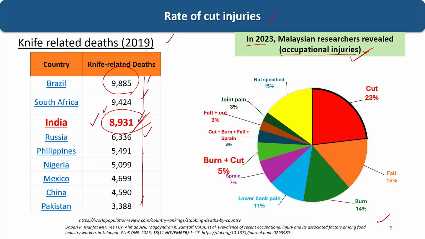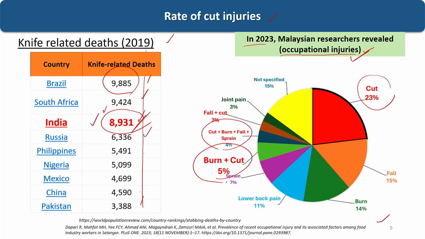If we see, cut-related injuries are 23%, cut, burn, fall and sprain related 4%, burn and cut related 5%.